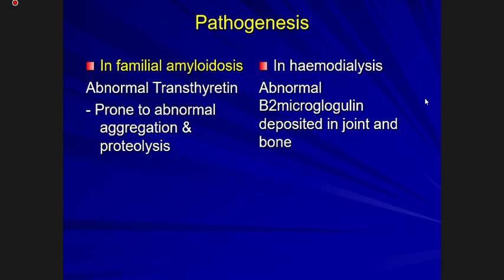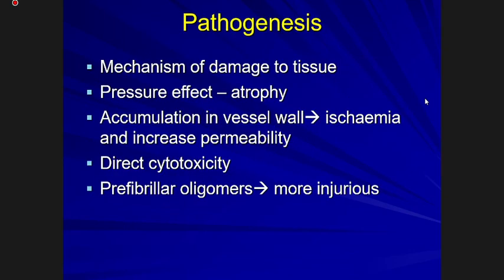So there is a mutation of your transthyretin as well as of your beta-2 microglobulin. In beta-2 microglobulin as well, there is a large amount of these abnormal proteins, which leads to aggregation. That was an explanation of how this amyloid protein is formed.